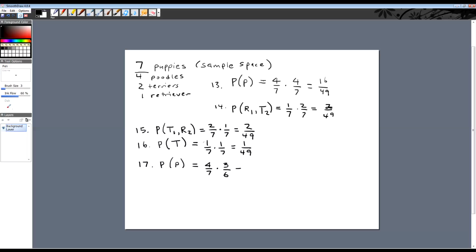So the sample space is changed to 6. This is without replacement. So this is 12/42, and this can be reduced to 2/7.